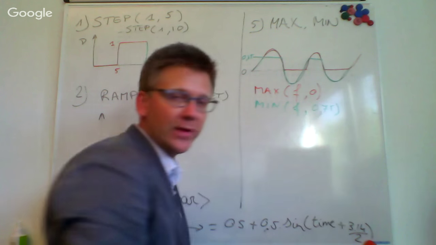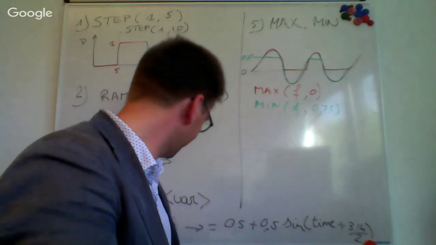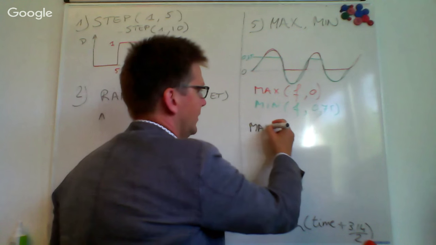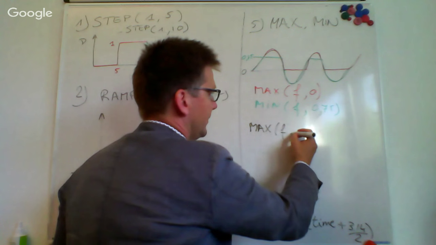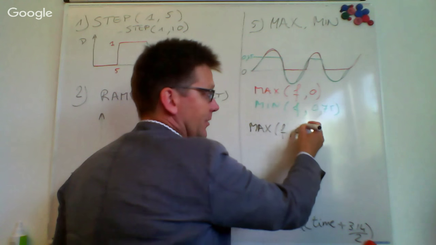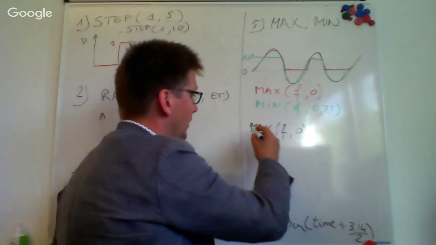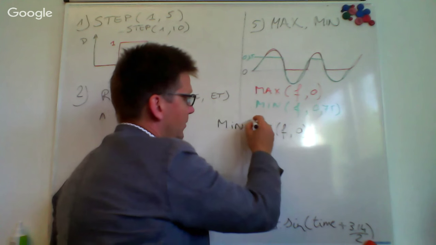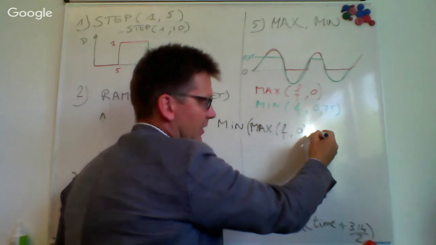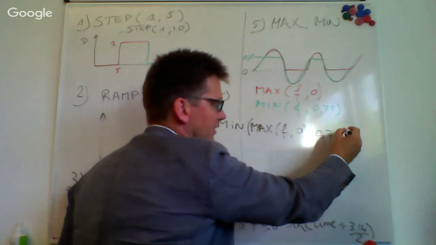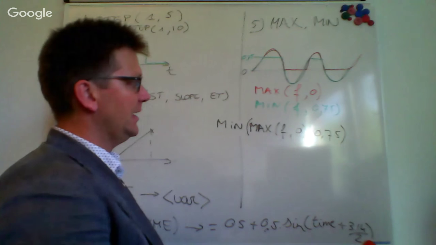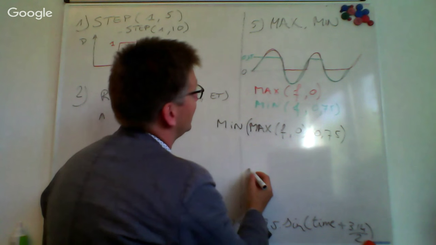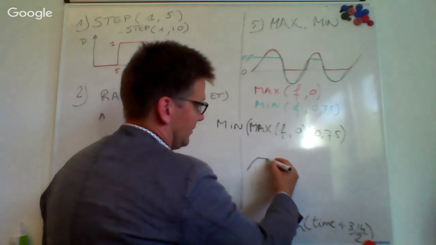Okay. Now, if I combine both, then it becomes interesting. If I take a maximum of this function, or 0, so I'm setting a floor, and I extend this with a minimum of this maximum of this function, but then of a value 0.75, then what I will obtain is a function that is going to be limited at 0.75.